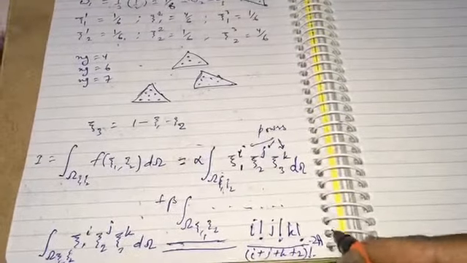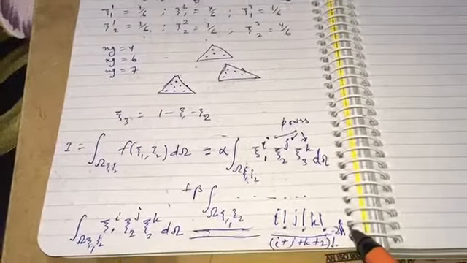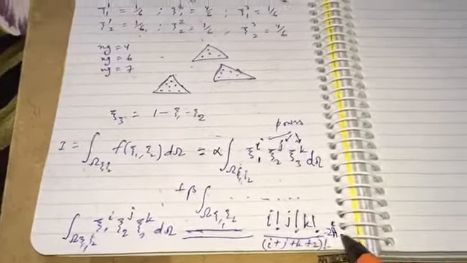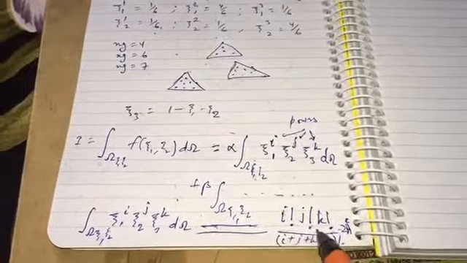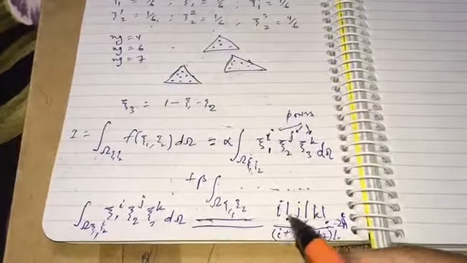So this is the area in the transformed coordinate system, which is half. So this equation you can find in your textbook. You can have a look at it. Okay, see you in the next lecture video.